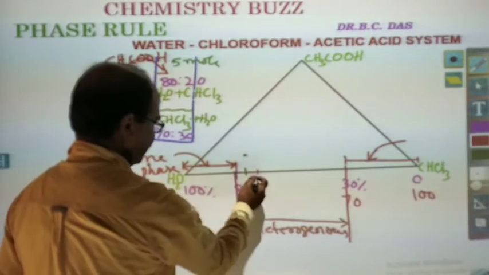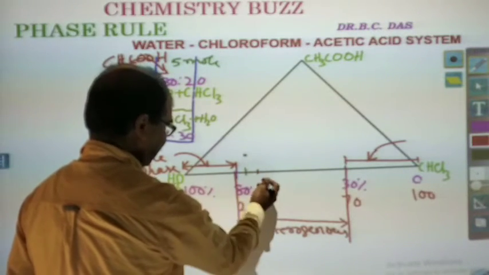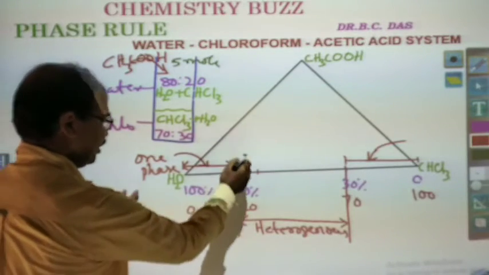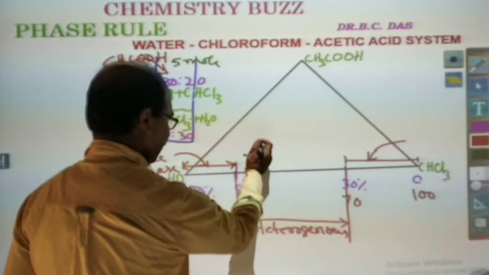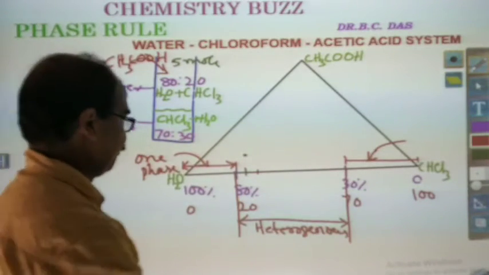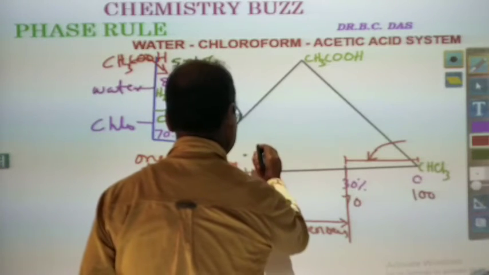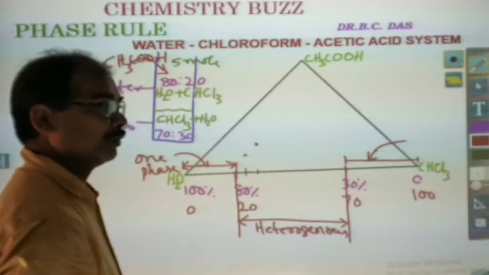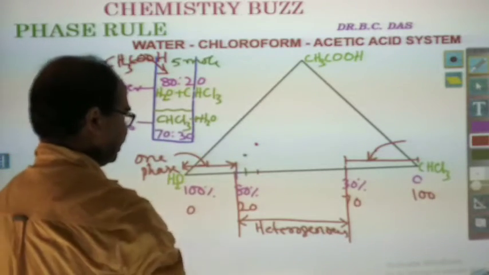If you add chloroform, the chloroform composition increases and again two layers will separate. When two layers are separated, we have to add some more acetic acid so that the two layers become miscible and homogeneous.